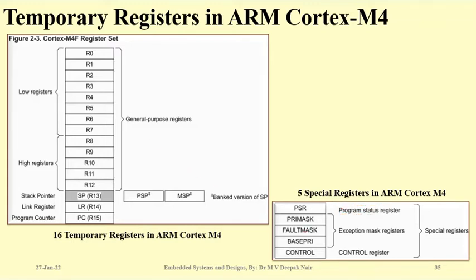Then we have primary mask, fault mask, base primary mask. Do you remember masking, when we used to have masking? Yes, for interrupts. Interrupt related things. So which of the interrupts are exceptions? Remember, exception means a higher kind of priority given to interrupts.